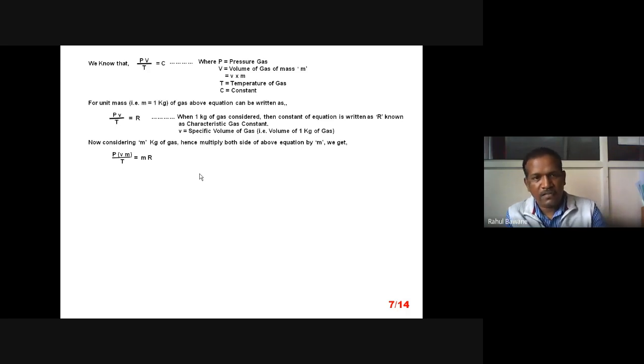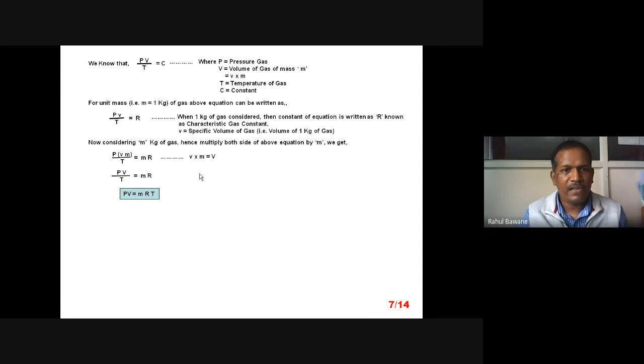On the right hand side, mass multiplied by characteristic gas constant. Now here we know that specific volume multiplied by mass is nothing but total volume. So we can replace that. So PV upon T is MR. And the very well known form of this equation is PV is equal to MRT.